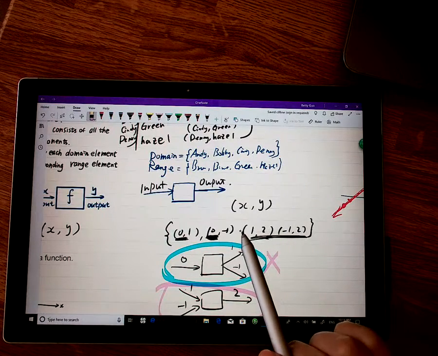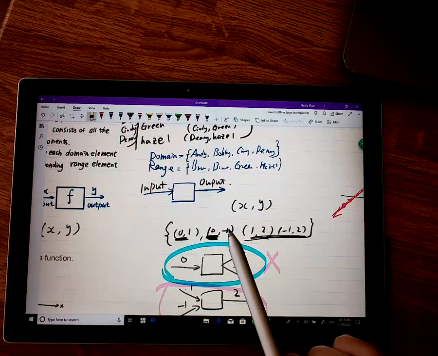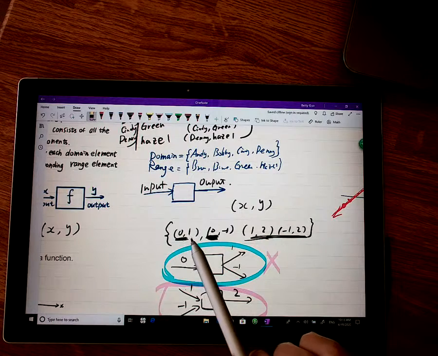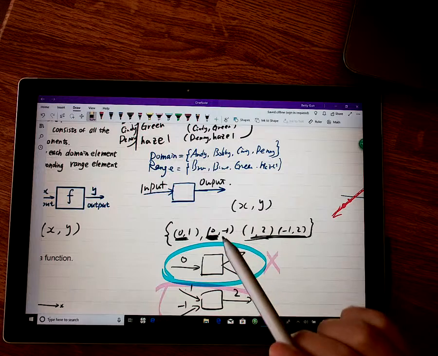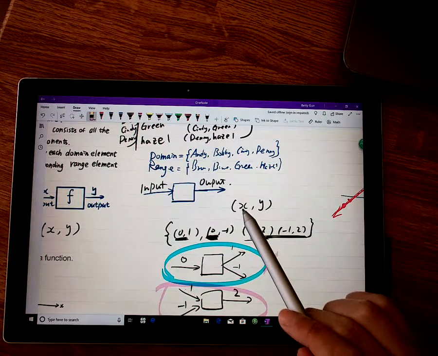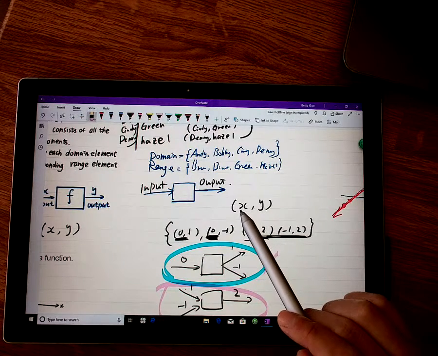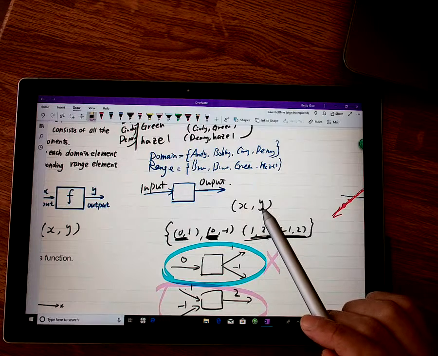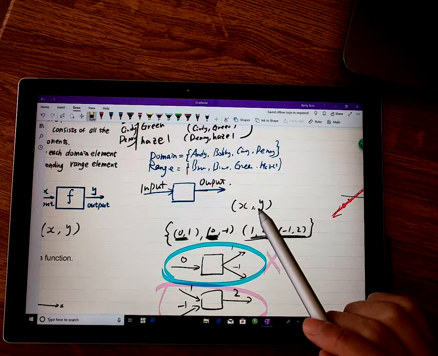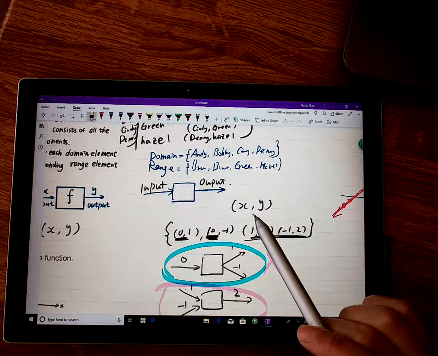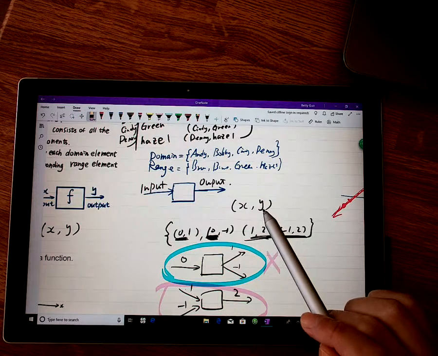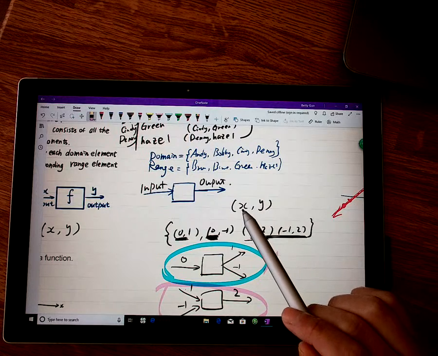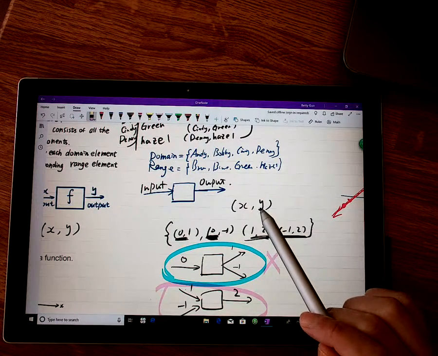In order for a relation to be a function, for each domain element, there's only one range element making a pair with it. So we could use X to be the domain element, use Y to be the range element. So the condition in the definition of a function basically means for each X there's only one Y.